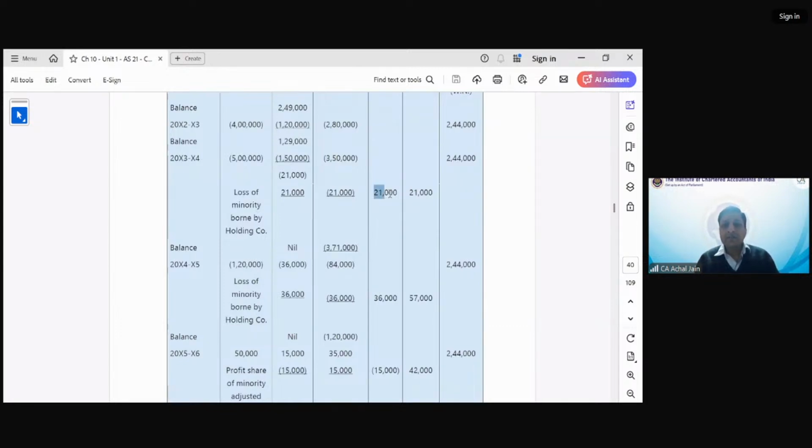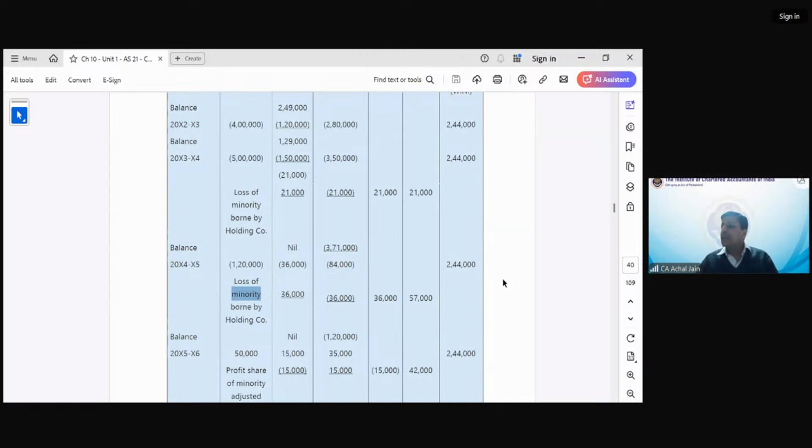In third year, loss share of minority given to majority was 21,000. In fourth year, it was 36,000. So we are collectively looking at this balance: 21 plus 36, 57,000. Why? Because this information will be required by us. That's the purpose.